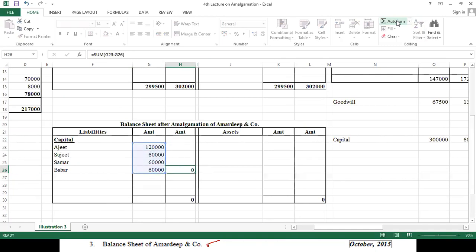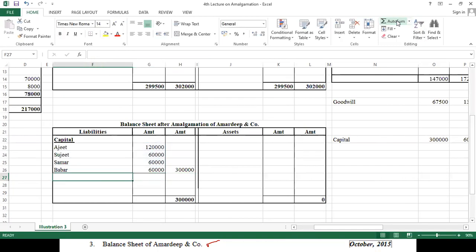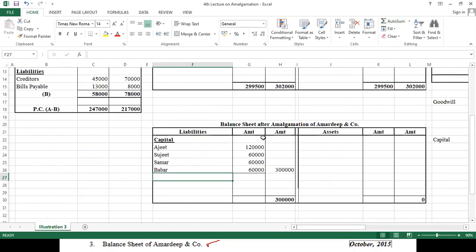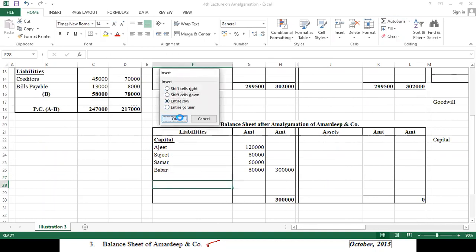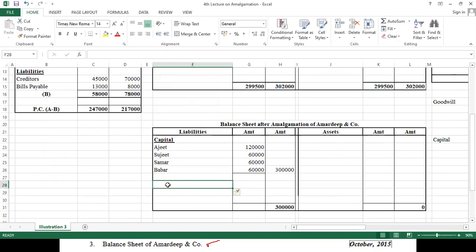And let make a total in the outer column, so total is 3 lakh rupees. After that we have items known as, look at here, creditors और bills payable हमारे पास में, so we will going to write that। एक पॉइंट हम ऐड कर देते हैं line, so that instead entire row it will looks little nice। यहाँ पर क्या आ जाएगा बेटा? Creditors, दोनों का मिला के कितना हुआ बेटा?